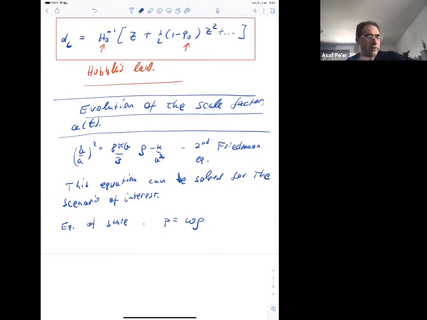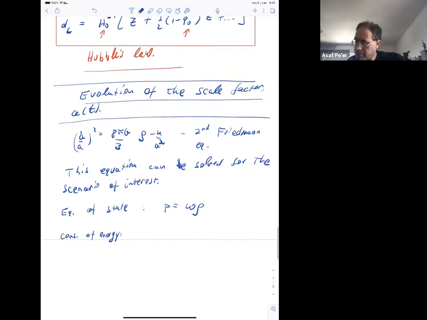After conservation of energy, we ended up with rho going as a to the power of -3 times (1 plus omega). So P equal omega rho gives rho proportional to a to the power -3(1 plus omega).